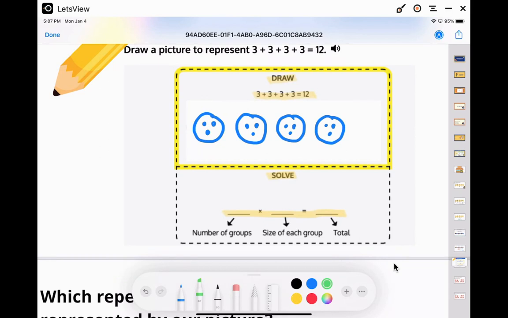Remember, our first factor is the number of groups. Our second factor is the size of each group. And our third factor is the total. Teachers, please pause the video to allow the students an opportunity to write the equation in their notes.